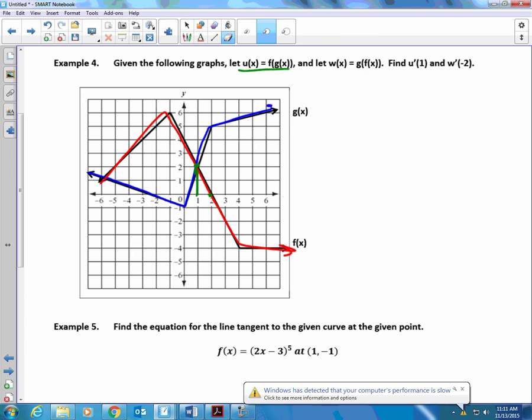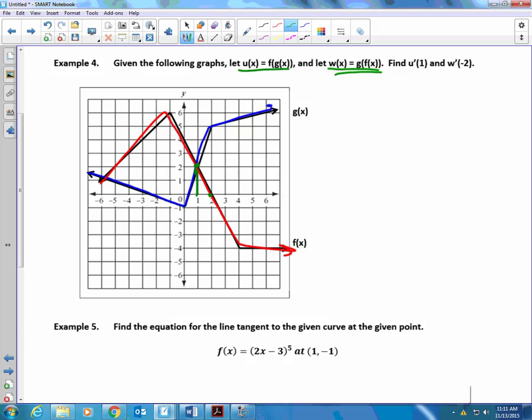You try the next one, but it says w of x is equal to g of f of x. So it's switched around a little bit. Okay. It's not f of g, it's g of f. So you got to write a little bit of a new rule. Try that. And I will slowly work behind you.